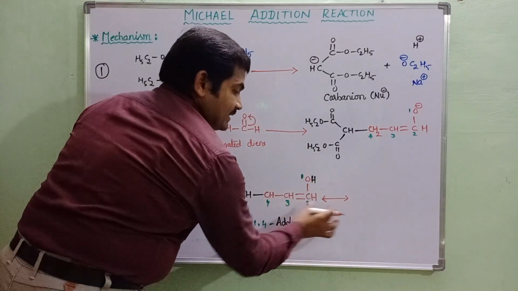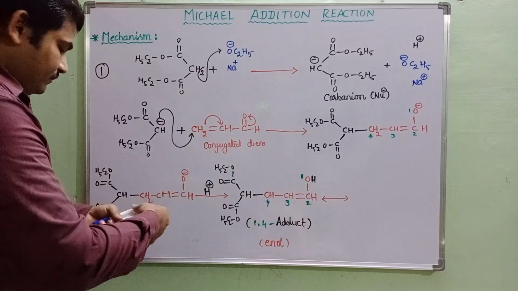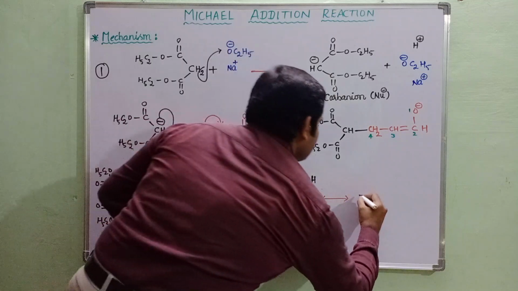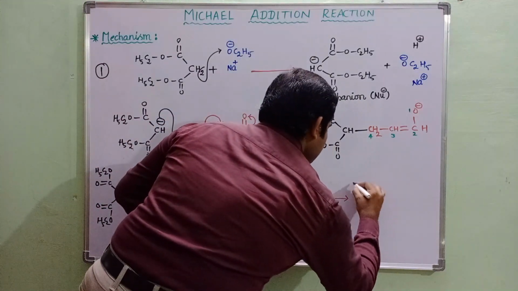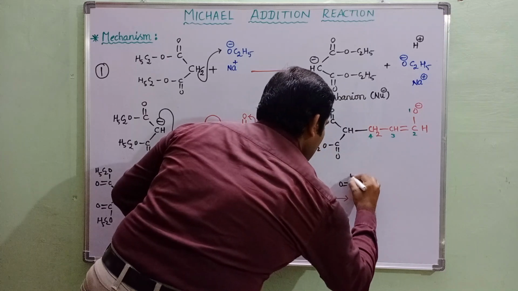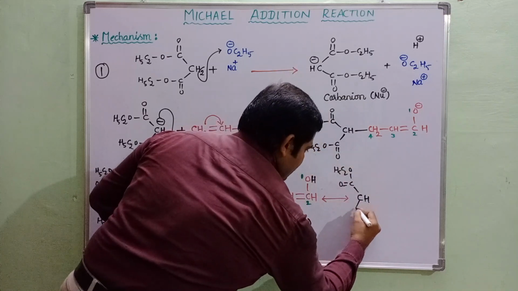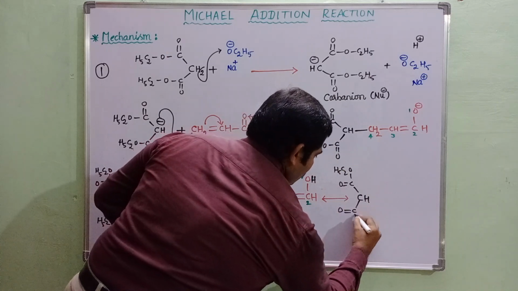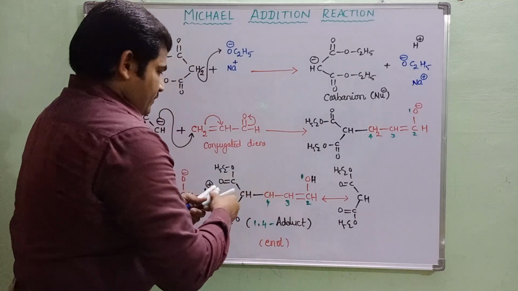Reversible arrow it is, because it undergoes isomerization to yield the same CH, C double bond O, O C2H5, C double bond O, O C2H5.